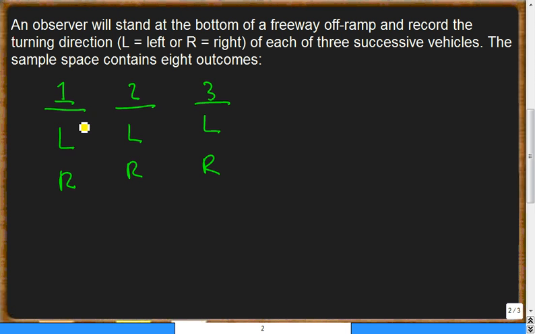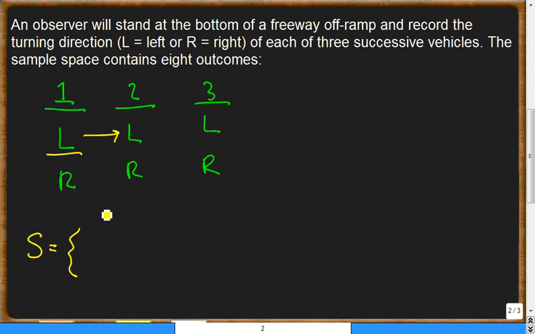So we start off, let's say we pick L. Our left car could be followed by a car turning right or left, and from each of those we have 2 different options. So we've got our sample space.